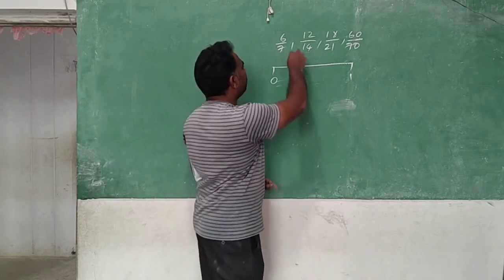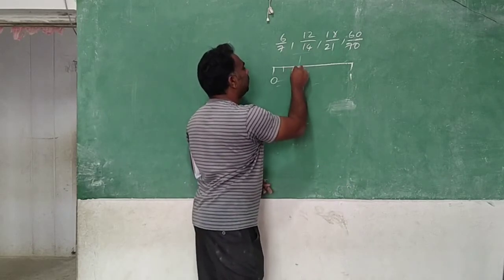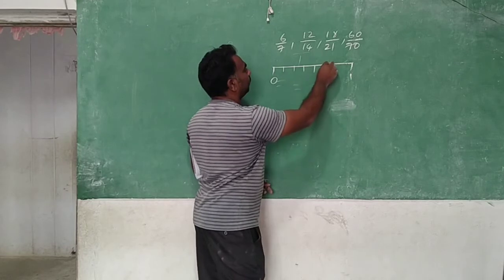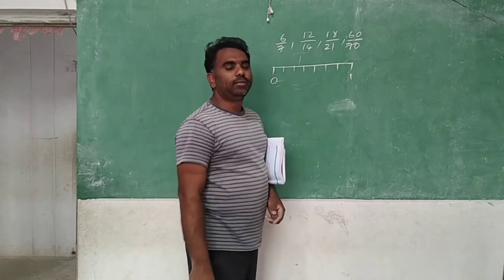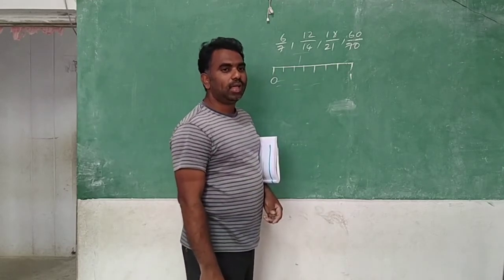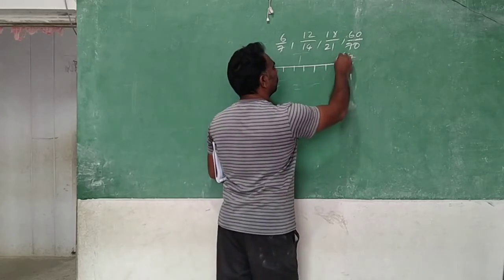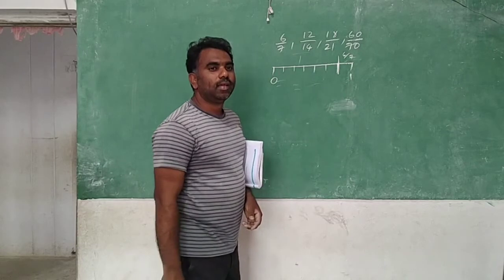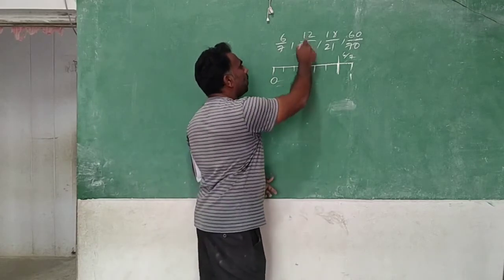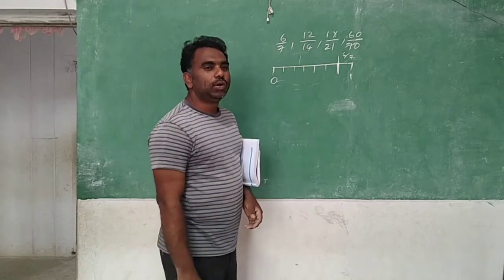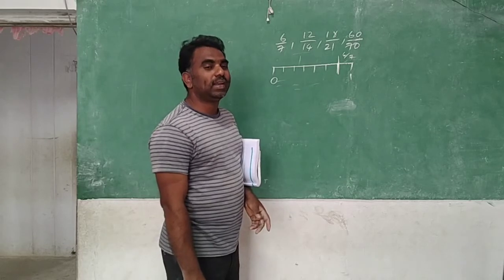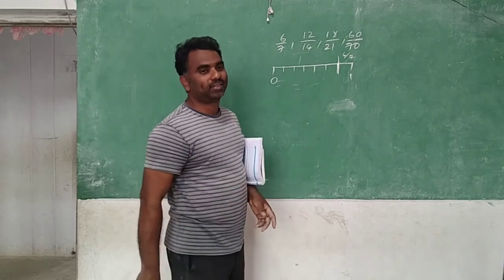You see here, 6 by 7 means we will make it into 7 parts and you will take the 6th part. This is 6 by 7. What is the next number here? 12 by 14. 12 by 14 means we will convert that into 14 parts.